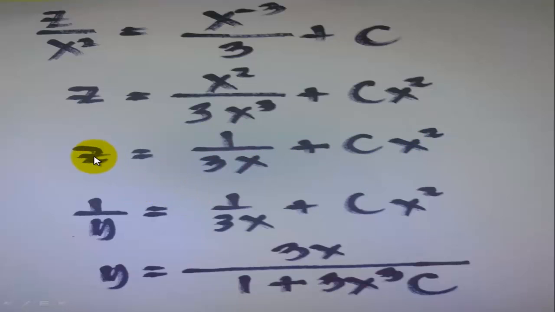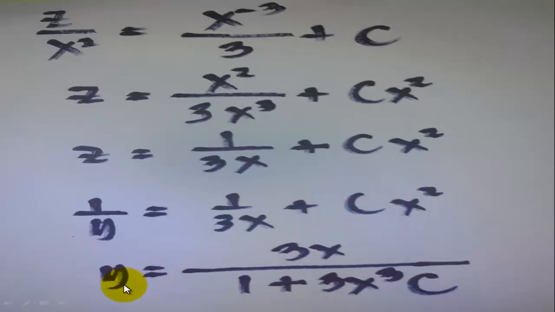Now, don't forget to go back to your original variable, which is y. So, substituting back the equivalence of your z, you have 1 over y = z = 1 over (3x + c x squared).